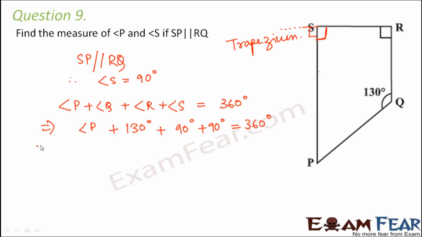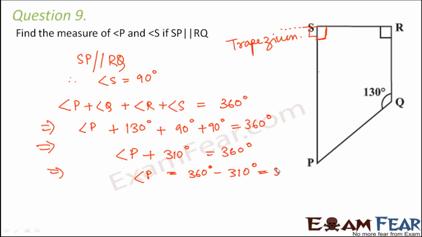So angle P plus 310 degrees is equal to 360 degrees, or angle P is equal to 360 degrees minus 310 degrees, which is equal to 50 degrees. Therefore, we could find angle P as 50 and angle S as 90 degrees.